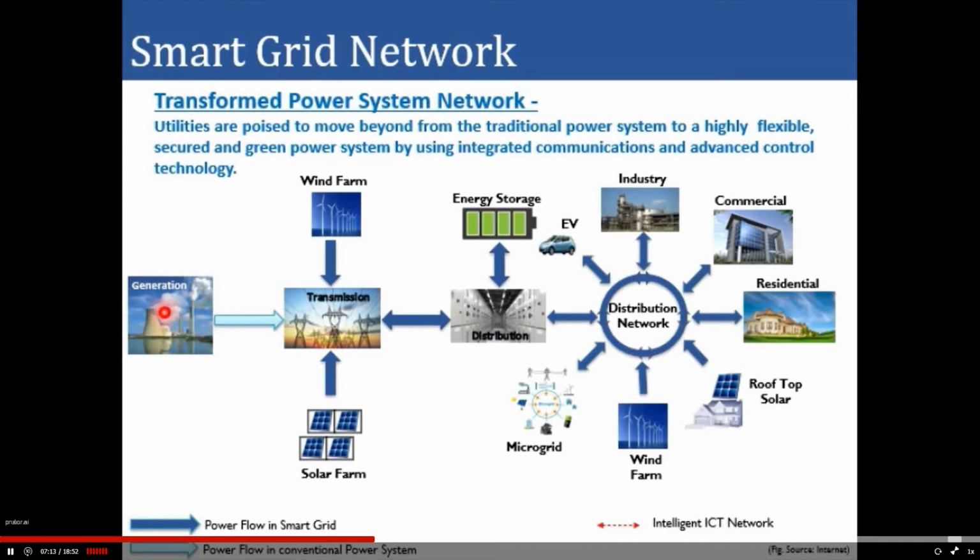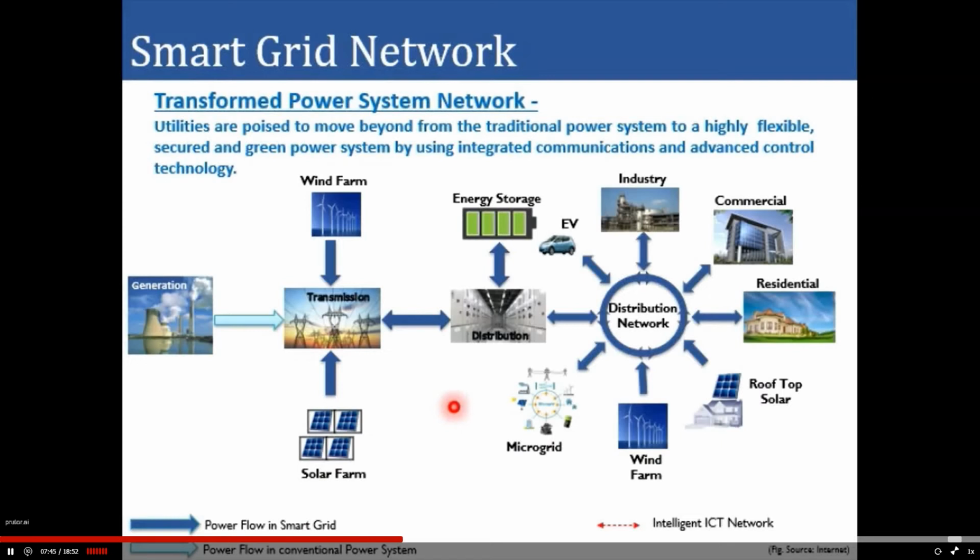So now what is happening is that the generators which we see conventionally as thermal power plants are now being replaced with other energy sources such as large wind farms and large solar farms. So in this way, the whole ecosystem is being challenged by different devices being integrated into the system.